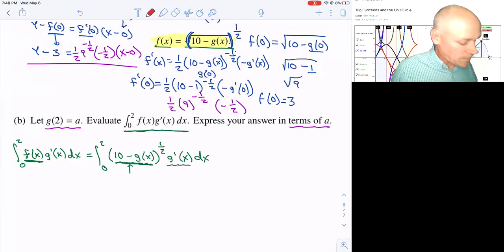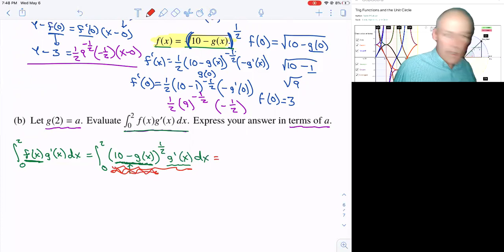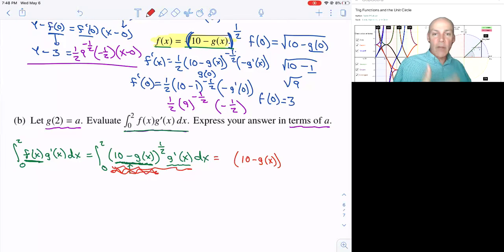So what I'm going to do is come up with the antiderivative of my integrand, and really all I'm looking at is this first part of it. It's kind of like the power rule in reverse. So it's going to be the quantity 10 minus g at x. Now I'm integrating, so I want to add 1 to the exponent. So that's going to make it 3/2. Then divide by 3/2.